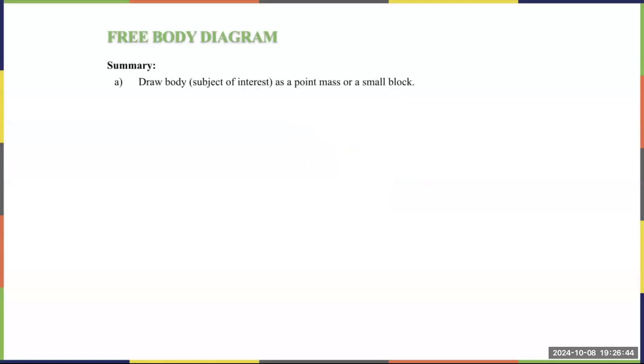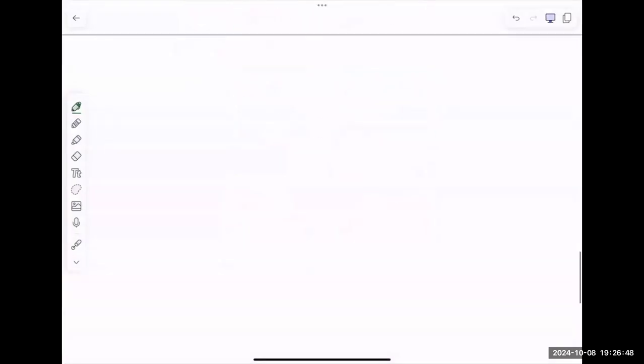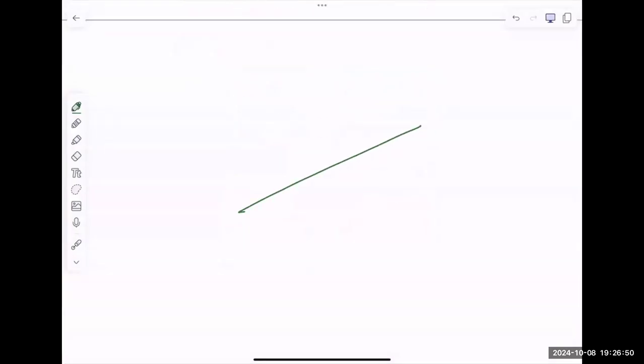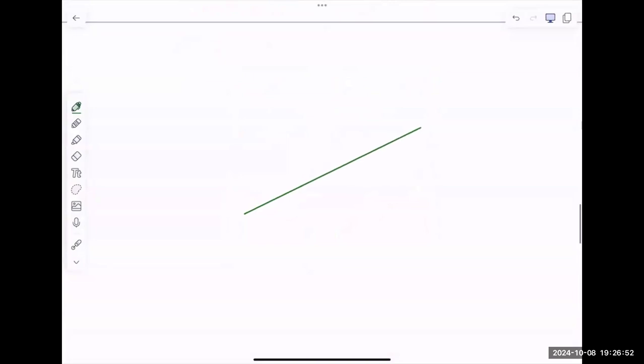So if I have to draw a free body diagram of any object on an inclined plane, suppose I have a block, the first thing I would do is draw a force acting vertically downward, and this is weight, which is mass times gravity.